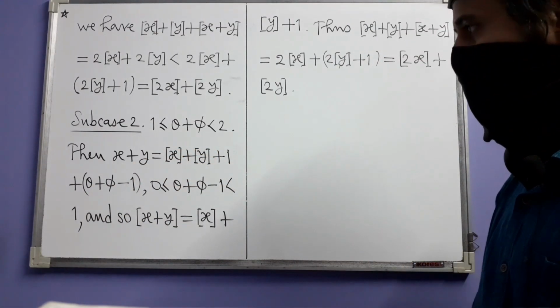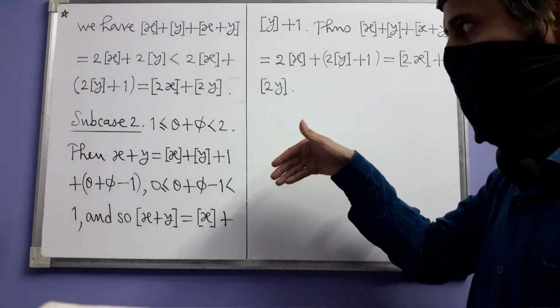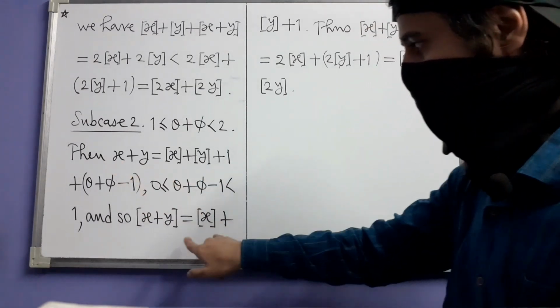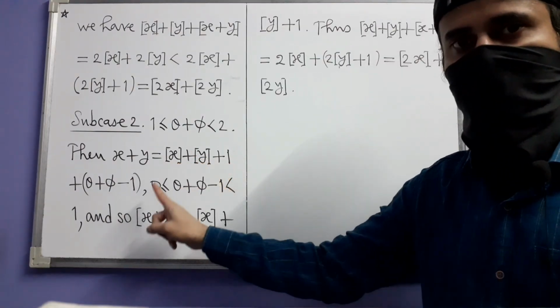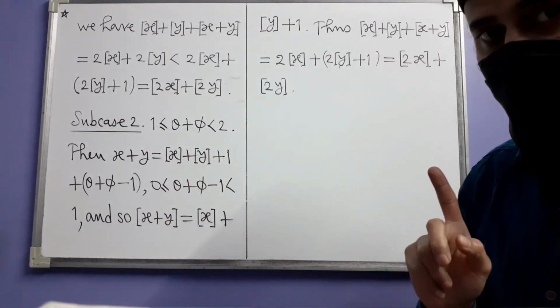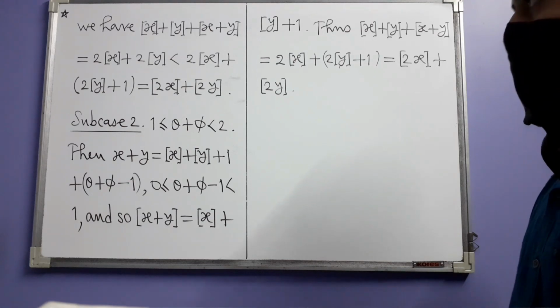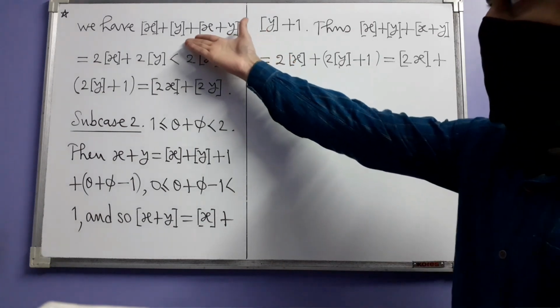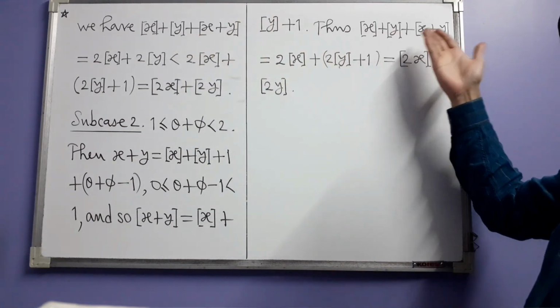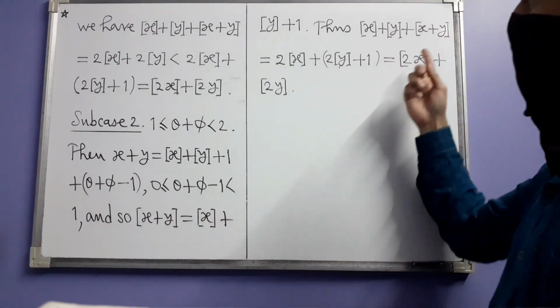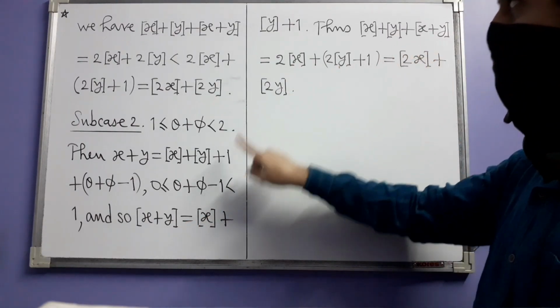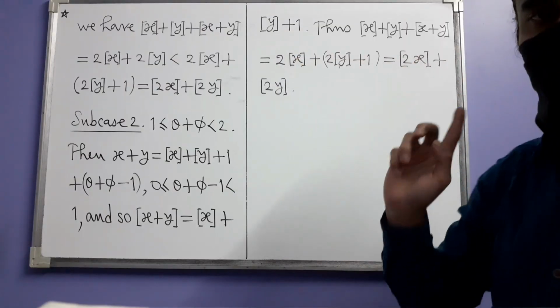Now you look at this equation and these inequalities. From them, it follows that in this subcase, the box value of x plus y is box x plus box y plus 1. Okay. And again we consider box x plus box y plus box x plus y. Now in place of this, we are going to get box x plus box y plus 1.